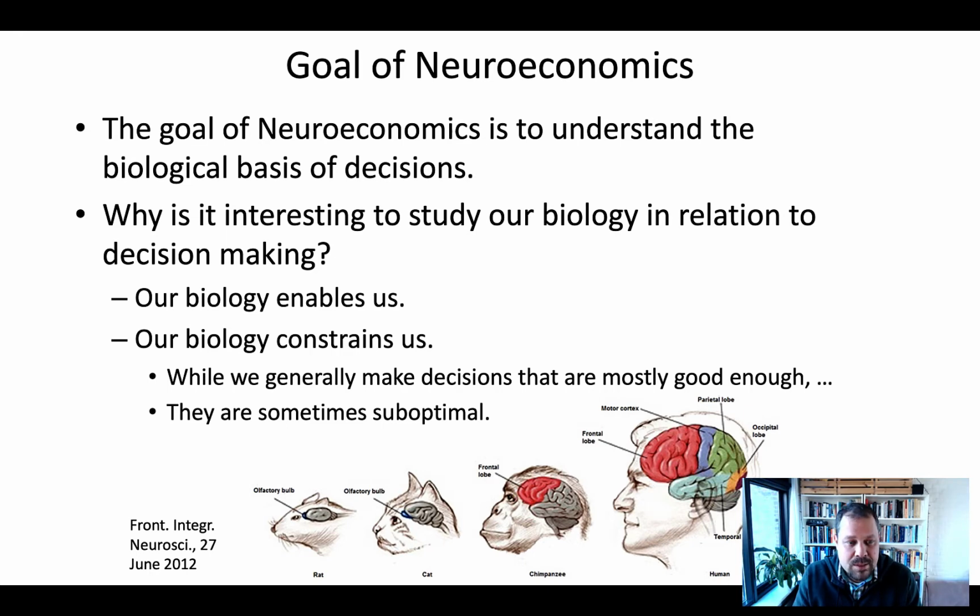And one of the things that I'm illustrating here is that the complexity of the brain has actually evolved quite significantly. So if we compare ourselves to our closest ancestors, the chimpanzees shown here, we have a much more complex brain. We have much larger prefrontal cortices that should allow us to make relatively more complex decisions and also to plan ahead into the future.